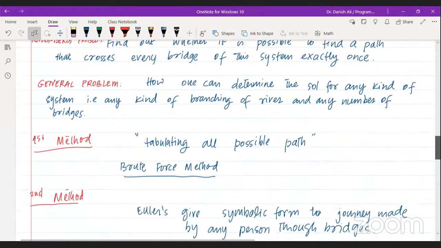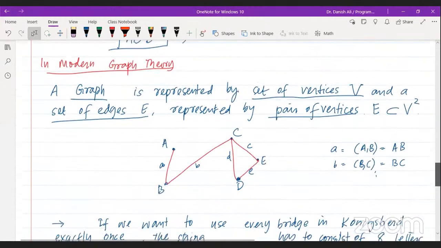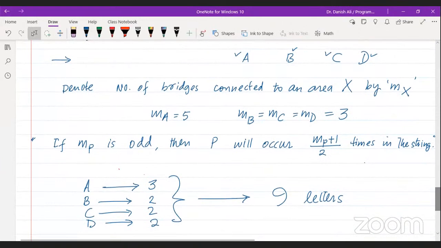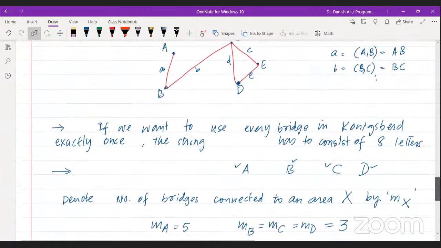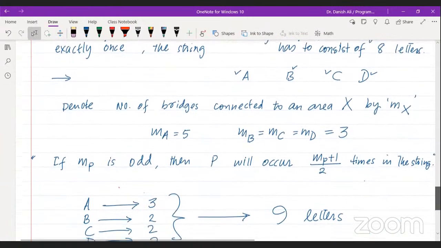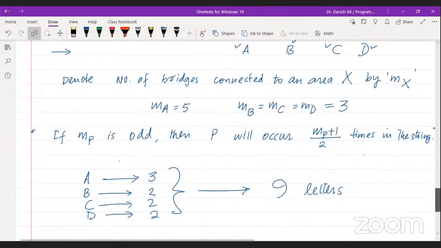And we also observe that we first denote this number MP, which tells the number of bridges connected to an area P. If this number is odd, then how many times does that letter occur in the string? It will occur MP plus 1 divided by 2 times.